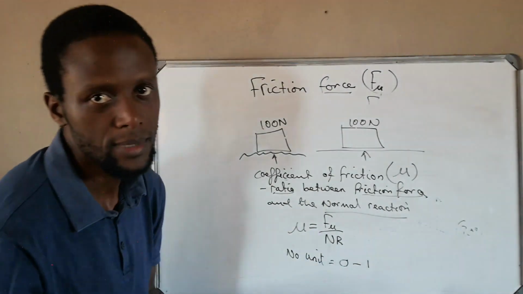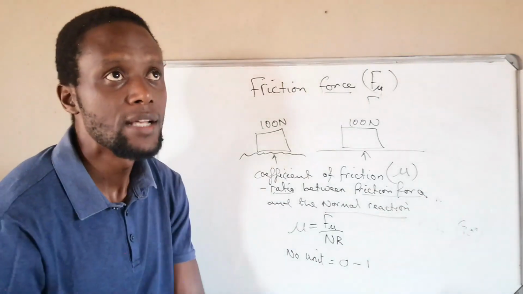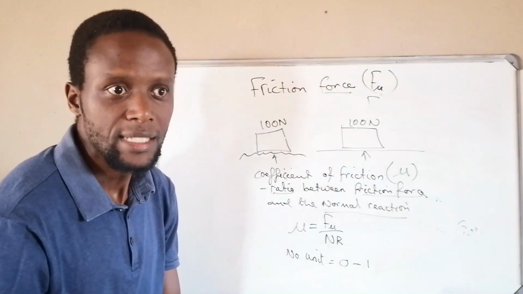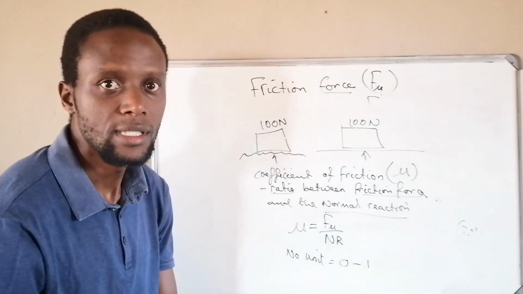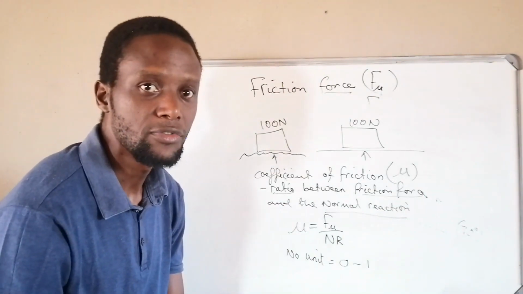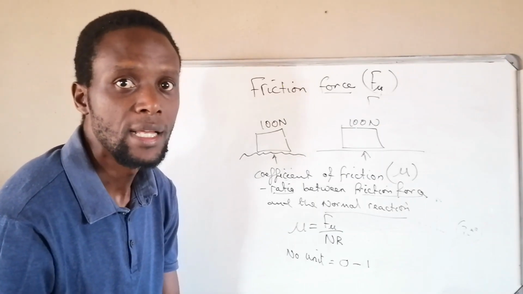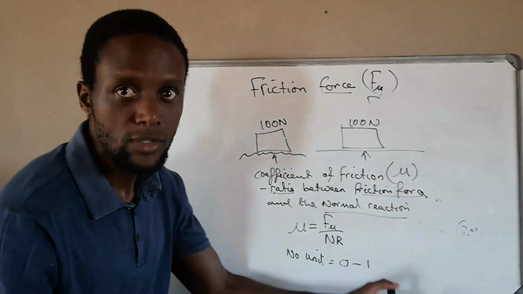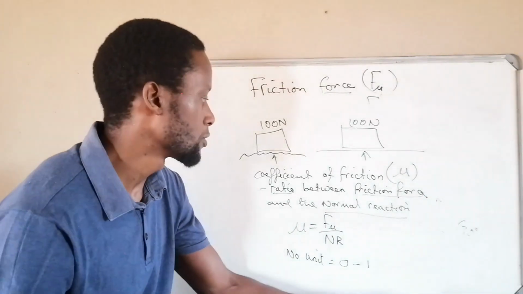And then the other point that I would like to make is that as you study your textbook, please take note of things like the definitions, things like advantages of friction or applications of friction, and also the disadvantages of friction. So as you prepare for your exams, take note of those things.